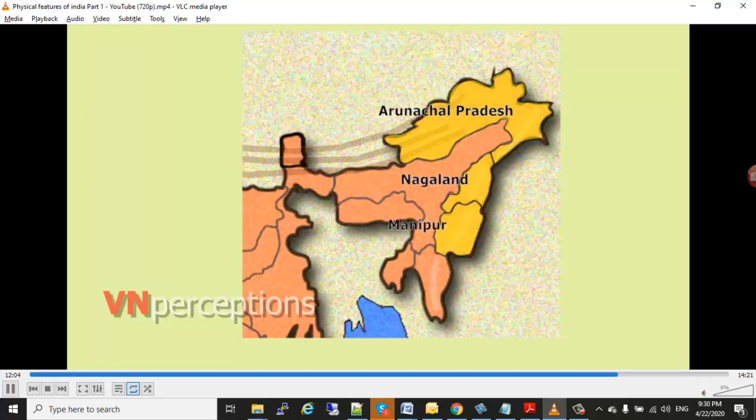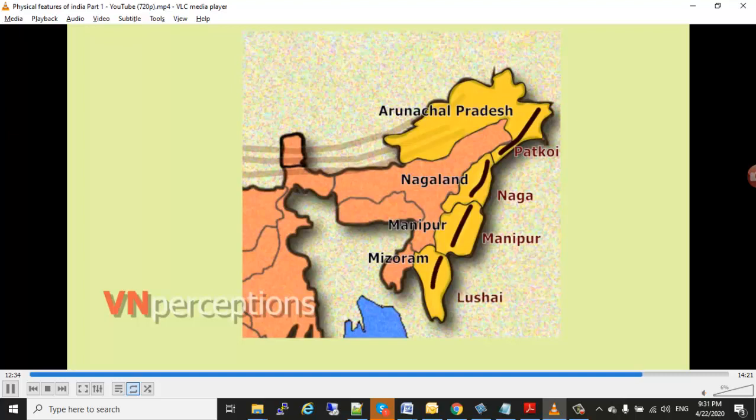They run through the states of Arunachal Pradesh, Nagaland, Manipur and Mizoram. As a result of the eastward movement of the Indo-Australian plate, a series of hills have developed in these regions from north to south. These hills are referred to by different names, like the Patkai Hills in Arunachal Pradesh, Naga Hills in Nagaland, Manipur Hills in Manipur, and Lushai Hills in Mizoram.